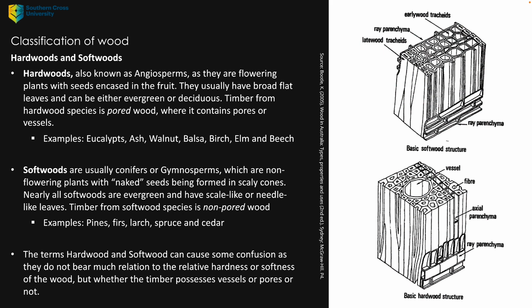Now when we look at the images over the other side, and again these are drawings taken at a microscopic scale, there is a little bit of detail in there where you can actually see the pores in the timber. You can also see a little bit of difference there between early wood and late wood, particularly in the softwood example towards the top.